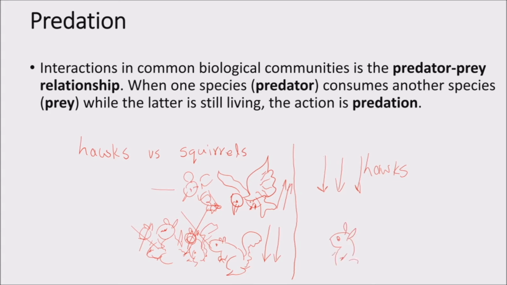So their population is going to grow up again. When this population grows up again, the hawks have enough food again. Now there are more squirrels, a happy life because they don't have as many predators and don't get attacked as often as before. So their population goes up, and the hawks come down.